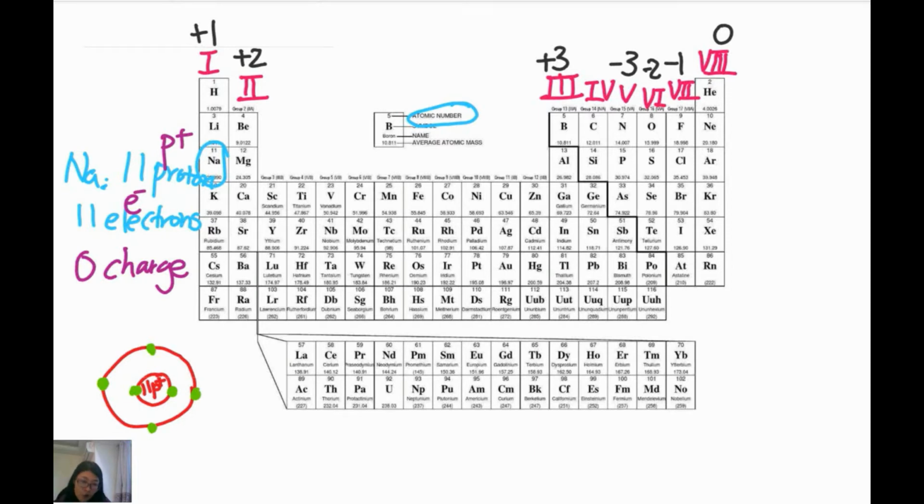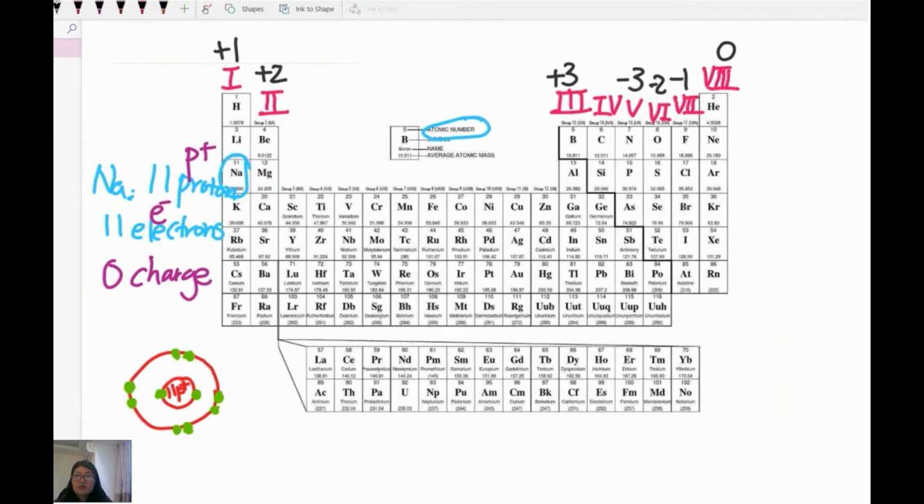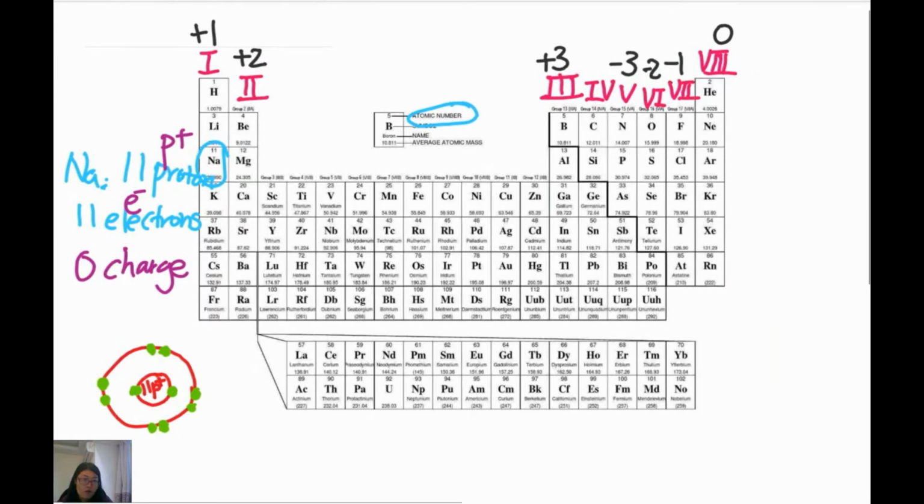Because 4 are sitting down, and for the 5th one you have no choice but to pair up. So I pair them up. 1, 2, 3, 4, 5, 6, and the 7, and 8. So see, now you have 2 and 8, 10 electrons are done. And you have 11 electrons in total. So you have one more left.